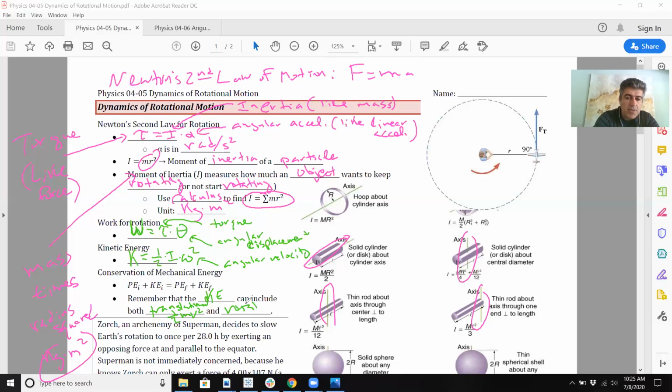It could be a combination of the two, which of course that's 1/2 I omega squared. So those are the formulas we'll be working with. And again, depending on what object and where the axis of rotation is, the moment of inertia will be calculated differently. And so this will be a great reference for you guys to have. You'll definitely want to refer to this.